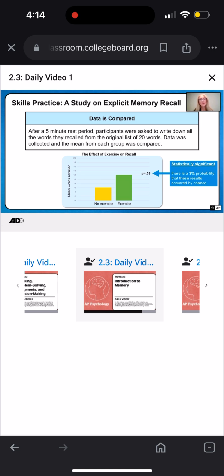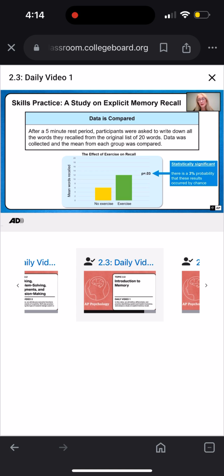As we can see here, there was an effect of exercise on recall. The mean words recalled is presented on the y-axis, and the type of exercise, whether there was no exercise or exercise, is presented here on the x-axis. And we have a p-value. The p-value is equal to 0.03. That demonstrates statistically significant results.